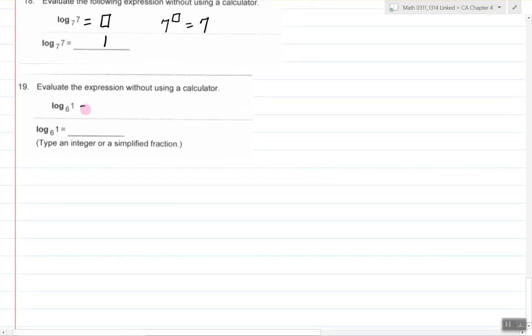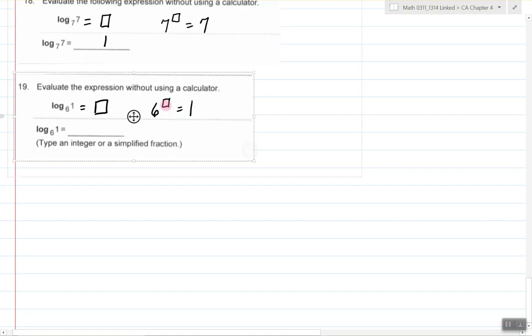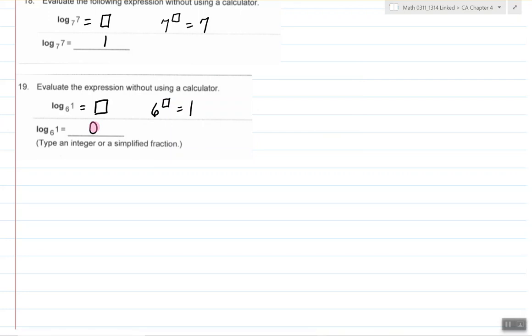Last one, logarithm is equal to an exponent. The base is 6 to some power is equal to 1. What power can you raise a base to and get 1? The answer is 0. All right, so remember, you could use any letters. You could have x to the y is equal to z.